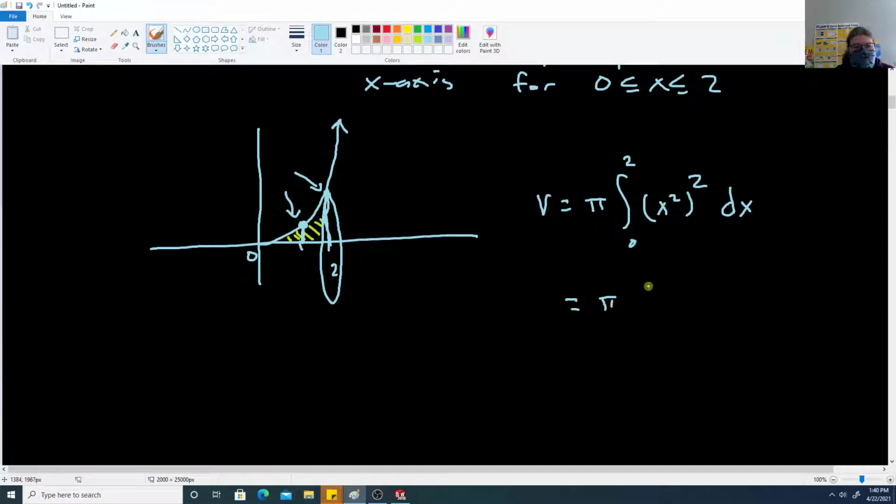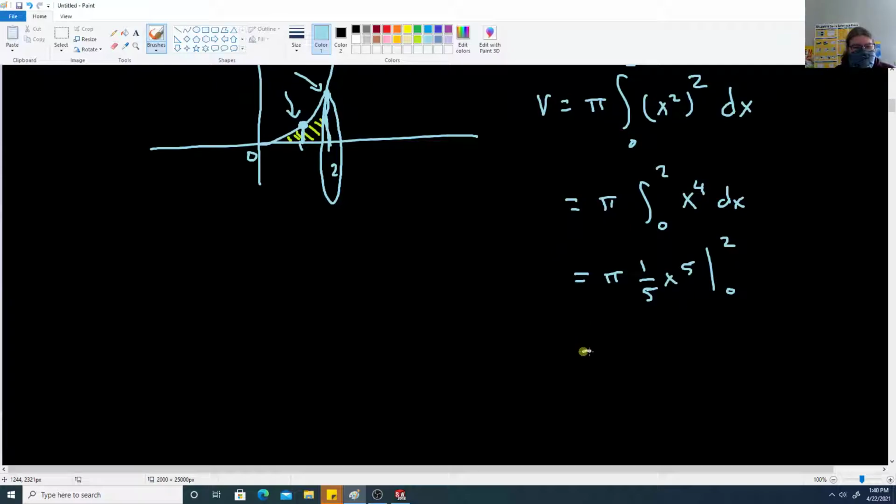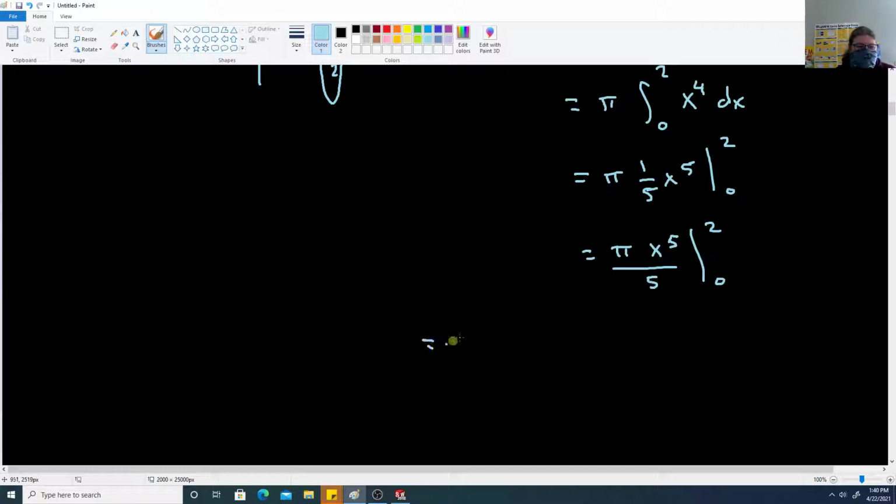So this will be pi times the integral from 0 to 2 of x to the 4th dx. That will be pi times 1/5 x to the 5th, evaluated from 0 to 2. We use the fundamental theorem of calculus part 1.